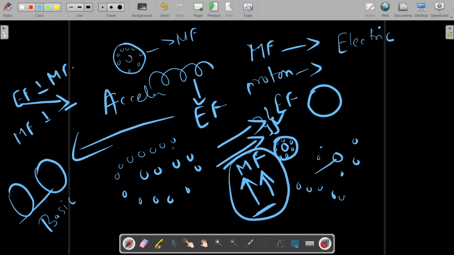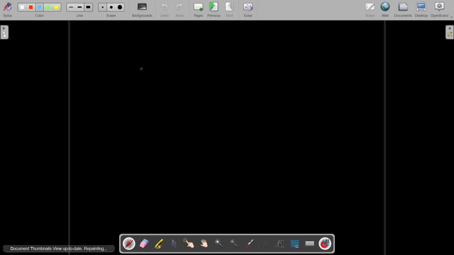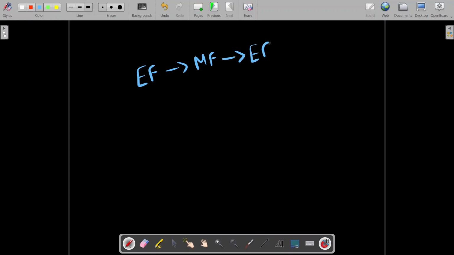In the same way, due to the change in the magnetic field, that is, due to the acceleration of the electron, it induced a separate electric field. So, a chain reaction: due to this chain reaction, the electric field transformed into a magnetic field, again this transformed into an electric field, again into a magnetic field, again an electric field, again a magnetic field.